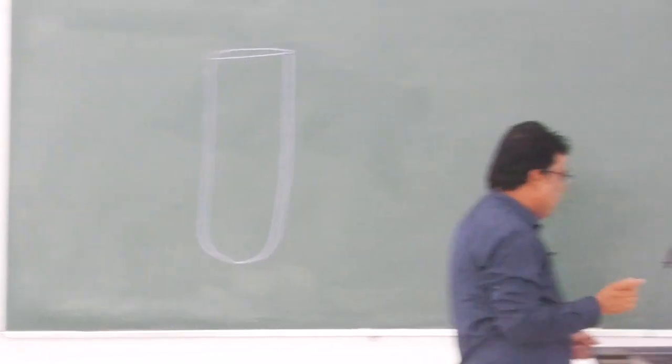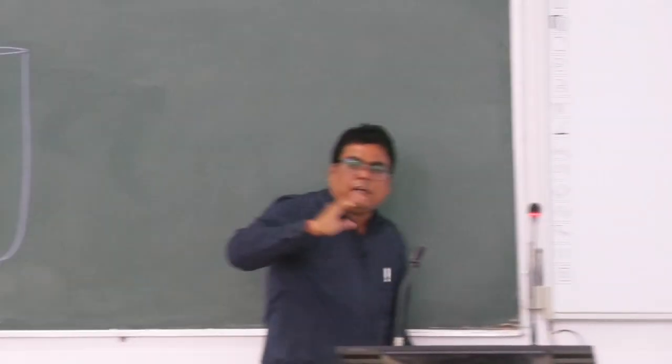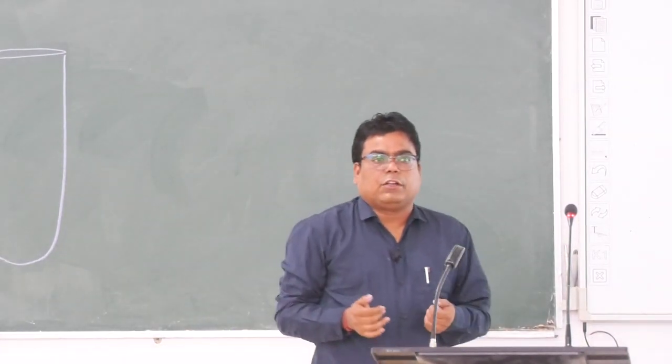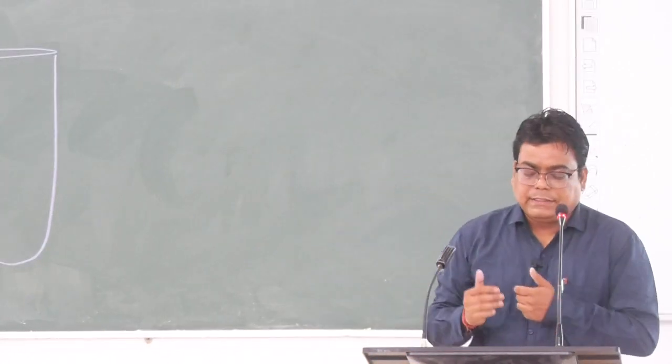This is the rotating test tube in which we rotate the lipid fraction molecules, and we see how they are separated, how the lipid molecules are classified on the basis of density.